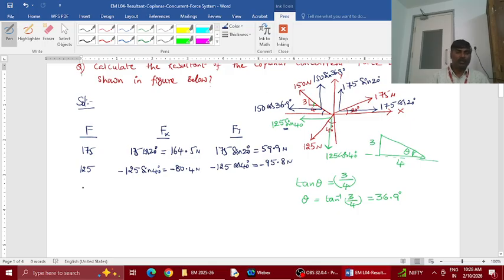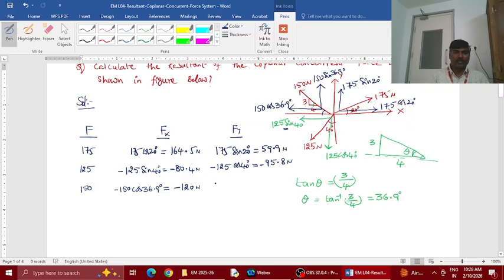Next, going for the 150 Newton force. The x component is 150 cos 36.9 degrees, which is towards the negative x-axis, so write minus, and the value is minus 120 Newton. I am rounding off to the first decimal place.